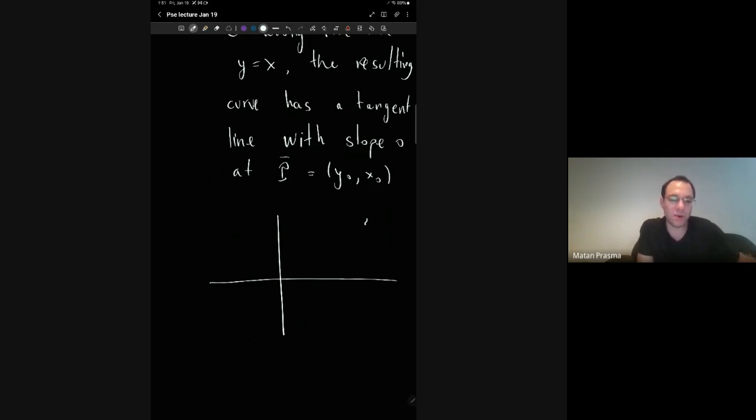You see, so you have the blue curve, or whatever it is, black, and you have a point P in which the tangent line is vertical, I mean parallel to the y-axis, and when I reflect it along the y equals x line, this is the y equals x line, right? I get something like this.